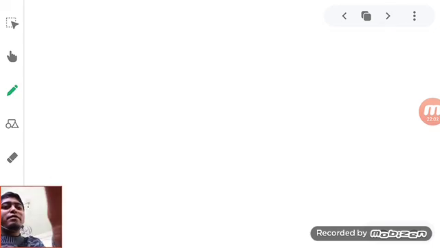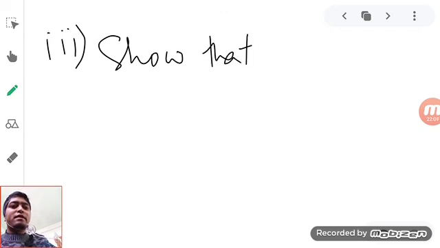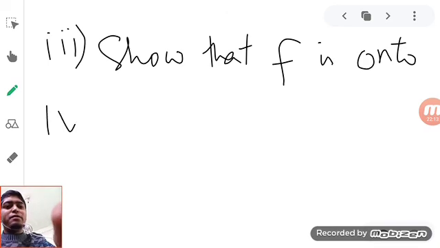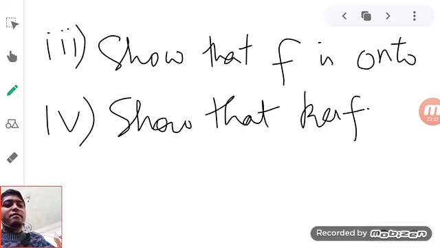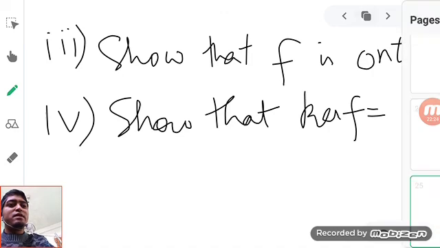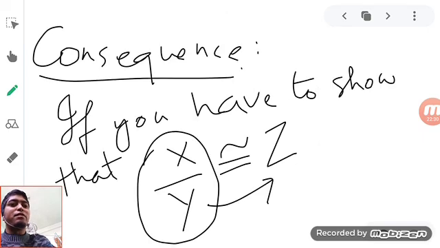The third thing that we will need to do is we will show that f is onto. And the fourth thing that we need to do is we will show that kernel f is equal to Y.